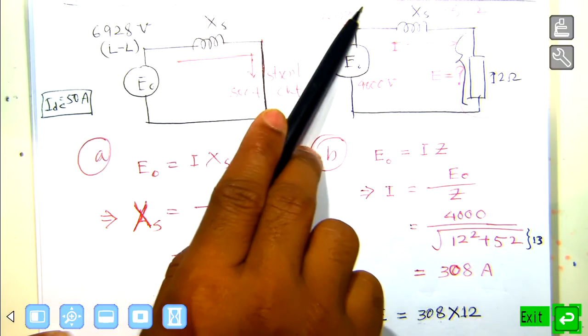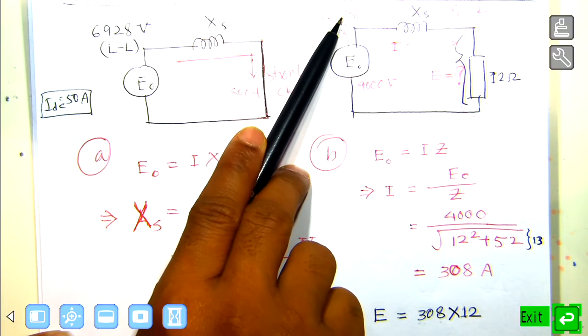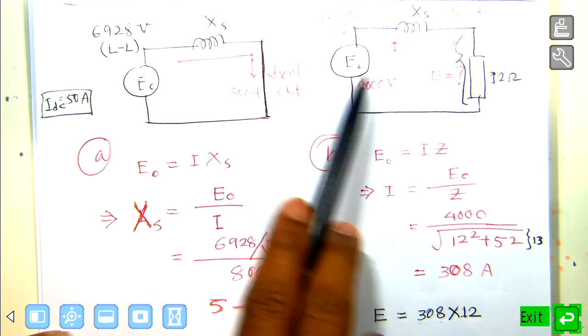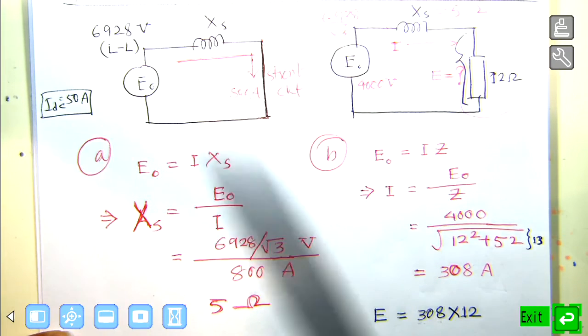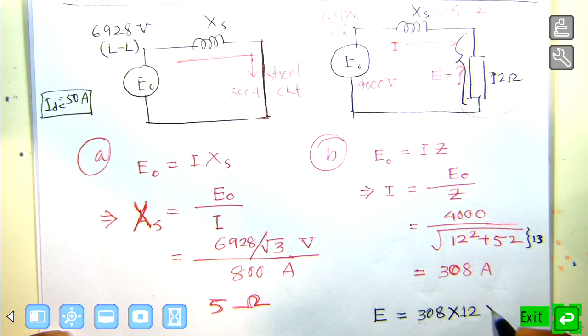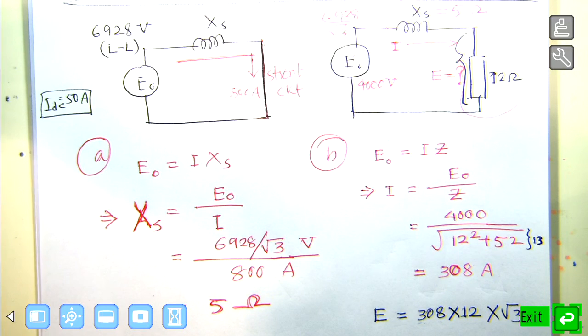The original voltage in the question was given line to line, so it is expected that you give your load voltage as line to line as well. So if you wish, you can multiply by root 3. That is better, because if the original value is given in line to line, it is expected that you give your results in line to line.